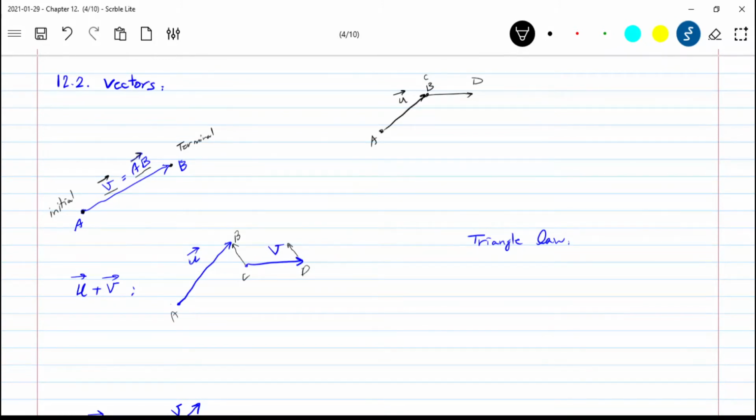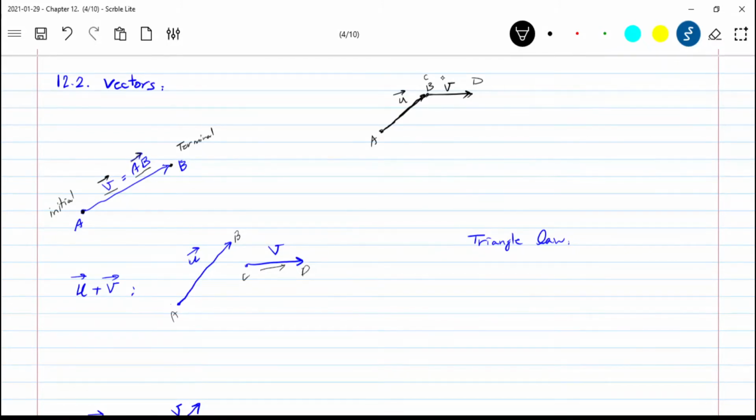You draw the parallel vector from B to see where it ends up. The summation of these 2 vectors is basically adding them along the same parallel format. So if CD is in this direction, you draw this parallel to V, exactly starting from the point B.